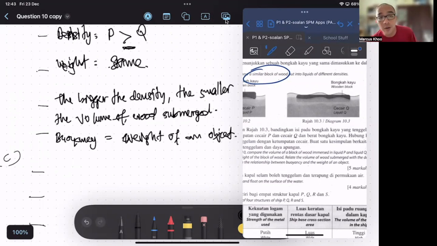Of course, this is not talking about the weight of the water displaced, we're talking about just the weight of the object. When something is floating, the buoyant force is equal to the weight of the object.